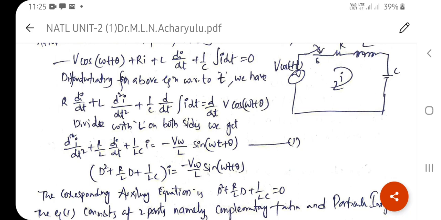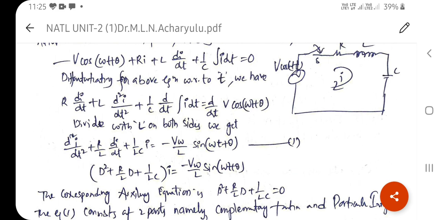This is the second order differential equation. Here d by dt is called capital D, the differential operator. So D square plus R by L into D plus 1 by LC, whole into I, is equal to minus V omega by L sine of omega t plus theta.